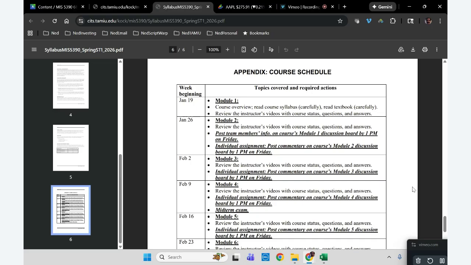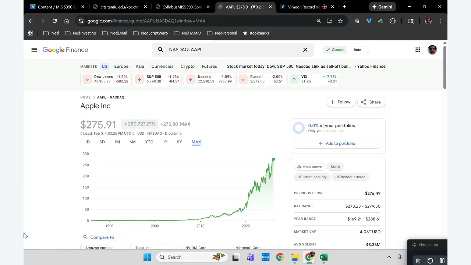I wanted to comment on something that is related to data visualization and is somewhat related to what I discussed in the previous class. And I will use this graph here, which is the stock price for Apple since inception of the company or the company becoming publicly traded up to now.